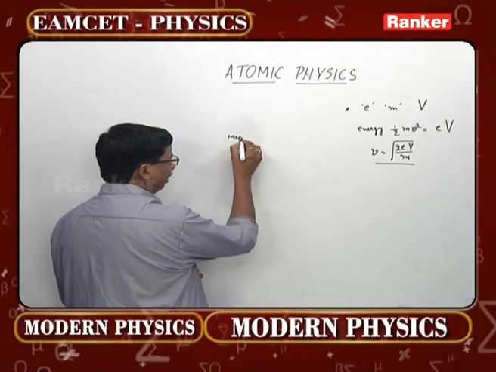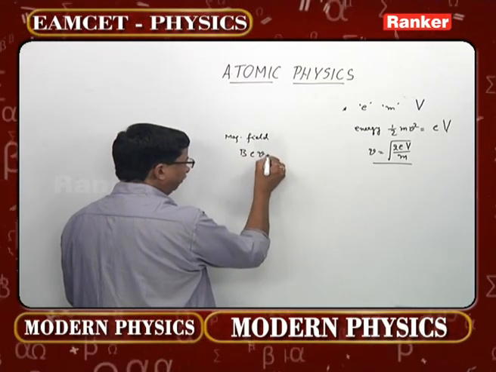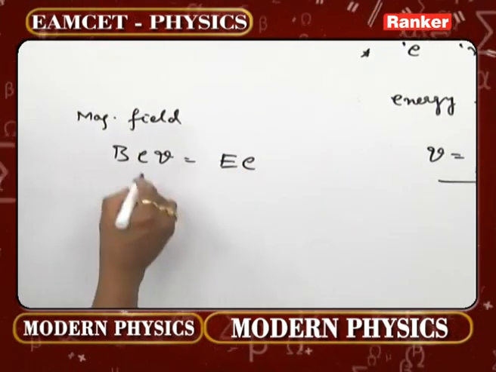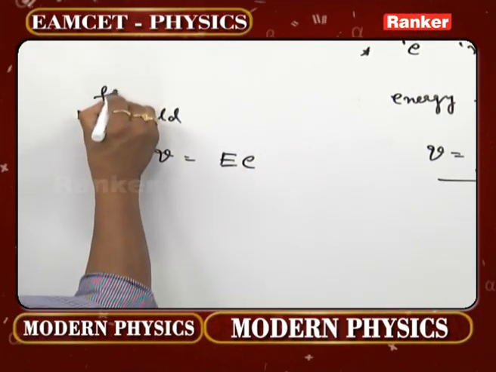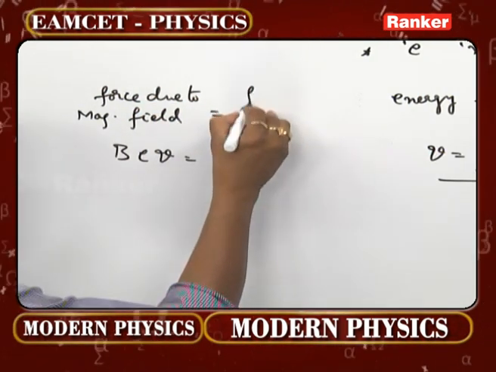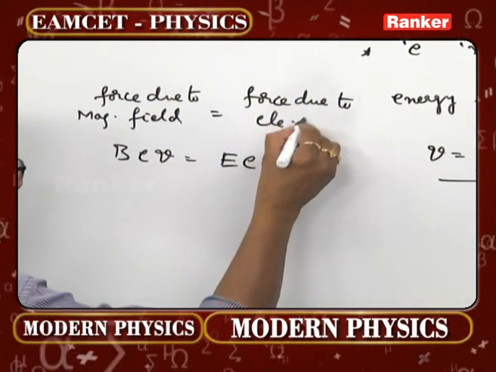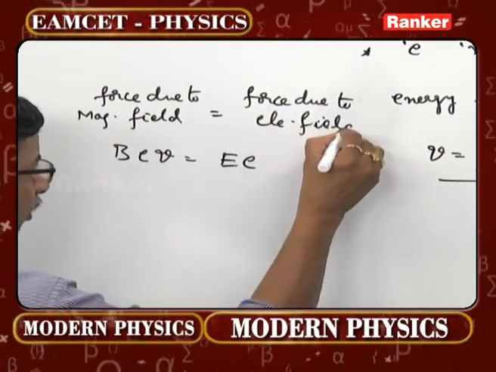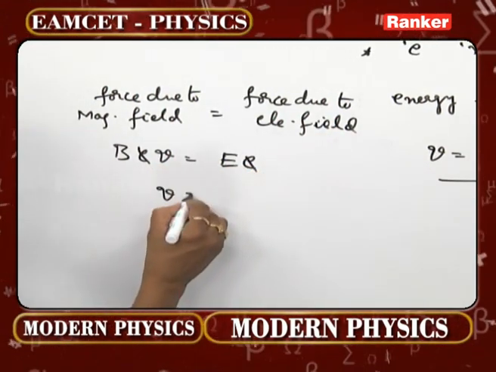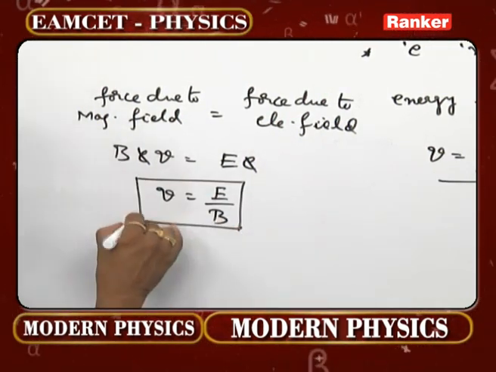In terms of magnetic field, when I write Bqv, that is Bev, is equal to eE, when the force due to magnetic field is equal to force due to electric field. Suppose if I consider this as a condition for undeflection of this electron, e getting cancelled, v will be equal to E by B. This is one more formula to be remembered.